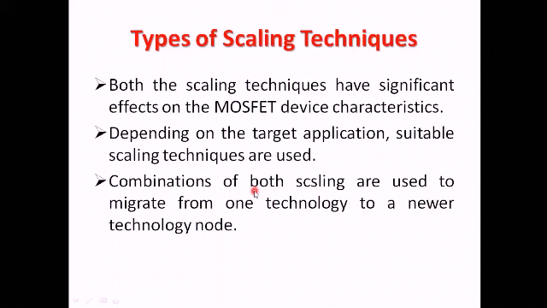Next, a combination of both scalings is used to migrate from one technology to a newer technology node. That is, suppose we are moving from one technology to a new technology, the combination of both the constant field scaling and constant voltage scaling will be used in that case. So I hope this slide is clear to all of you.